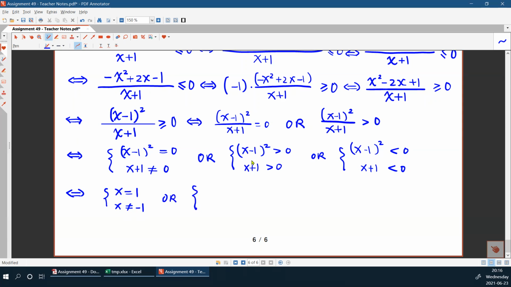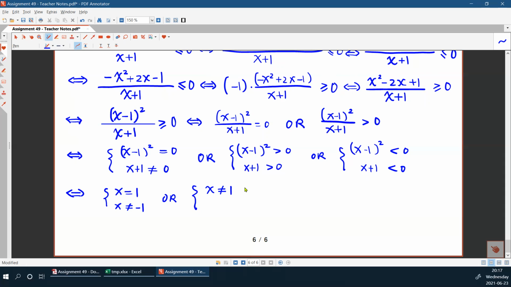And x minus 1 squared. Note that as long as x is not 1, something squared, if something is not 0, can always be positive, correct? Can you follow me?